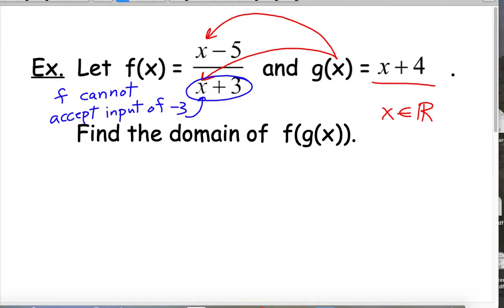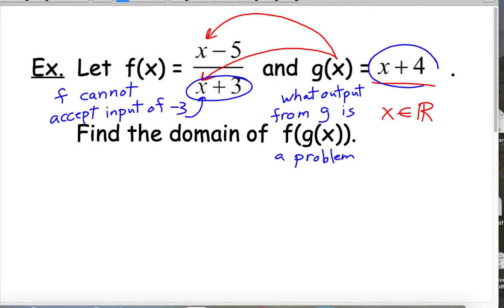So the question is, what output from g causes a problem? And so obviously, g cannot output a negative 3 and send it to f, because then f will be a divide by 0. So what causes g to output a negative 3?